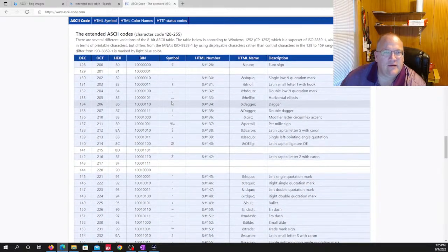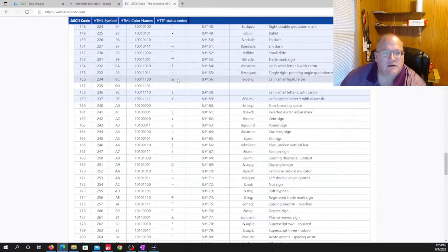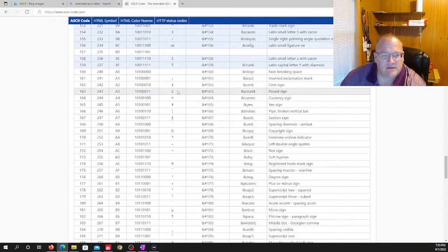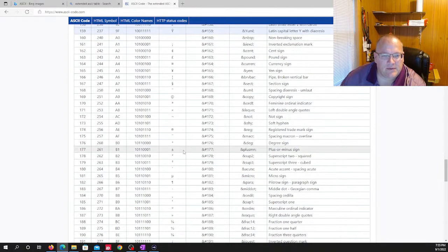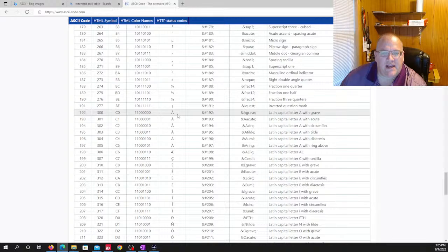And then it says, oh, hey, the next group, extended codes. Oh, okay. And we've got this Y here, this AE, this Latin one, the cent sign, the pound sign. Well, that makes sense, I guess. There's a lot of different ones in here that are really obscure. But here we go, right?